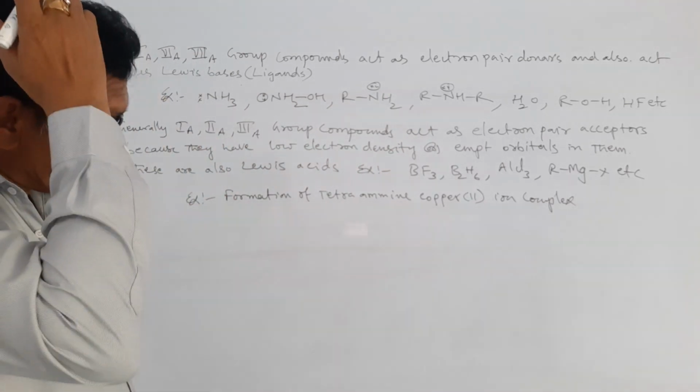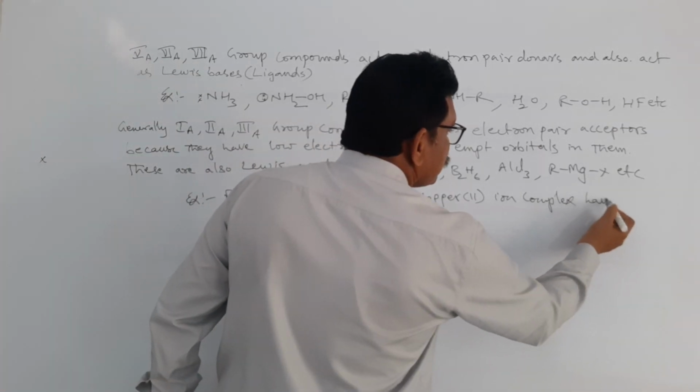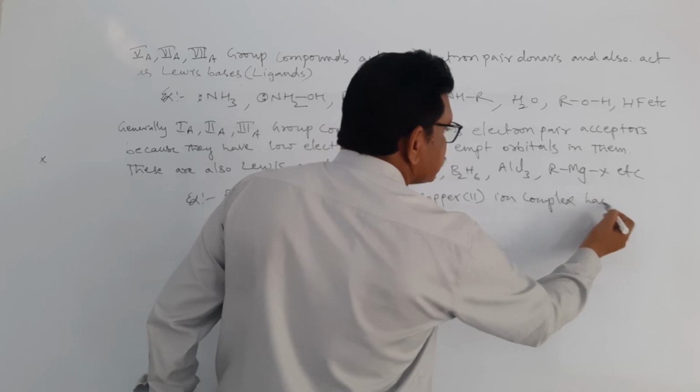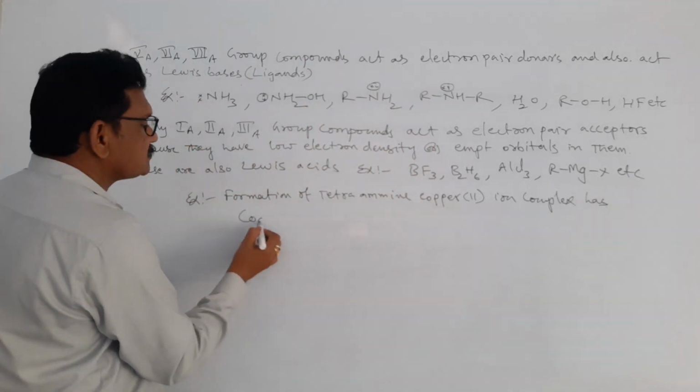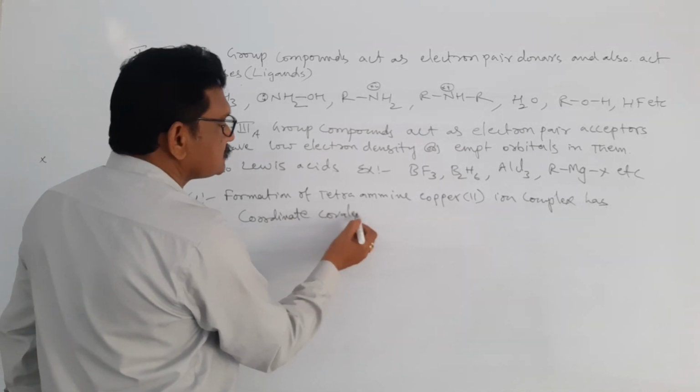The tetraammine copper(II) ion complex has coordinate covalent bonds.